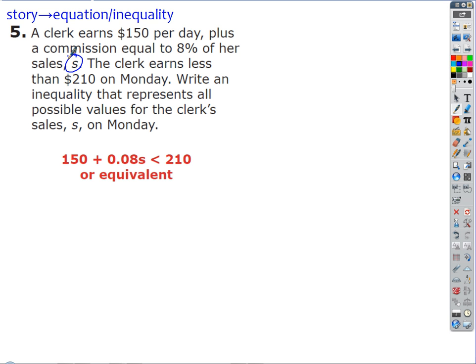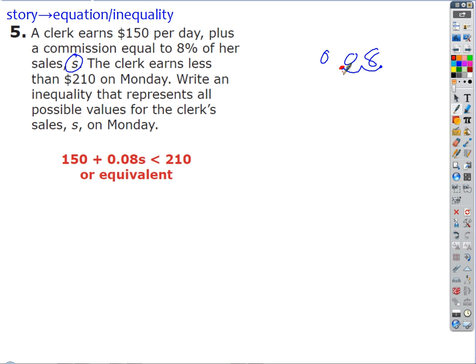So in this case, if I start off with 8%, then I'd have to take the decimal and go right there with it. So I'd get 0.8, right? There's my decimal. Right, 0.08.